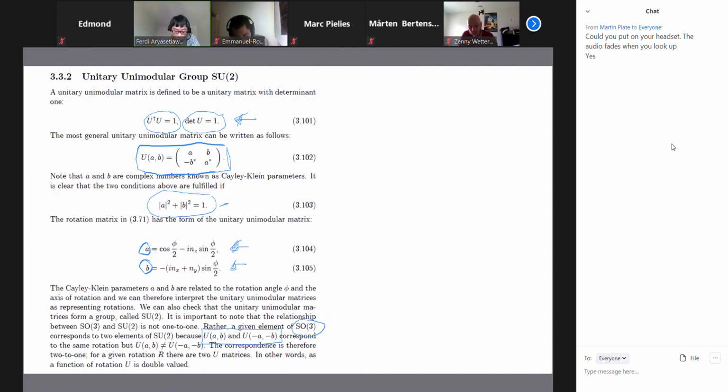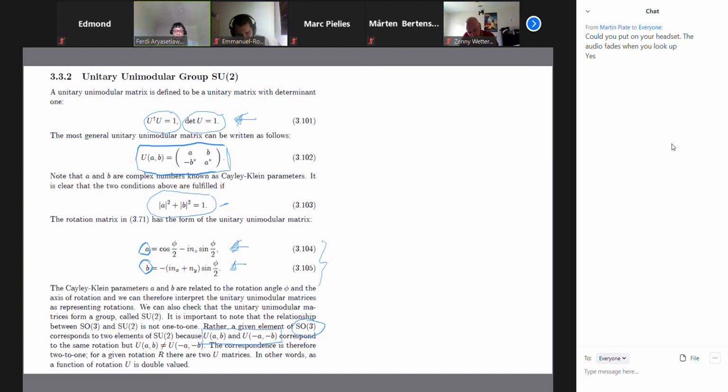So these 2 SU2 matrices are different. We have U(A,B) is not the same as U(minus A, minus B), and you can see that explicitly in this equation here. They are different, but nevertheless, they correspond to the same rotation.